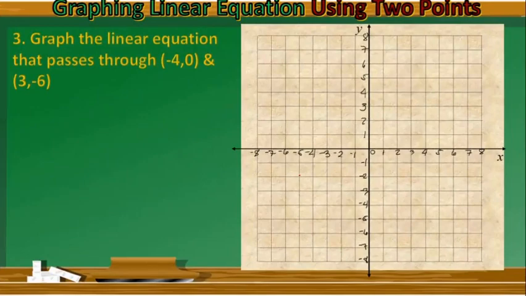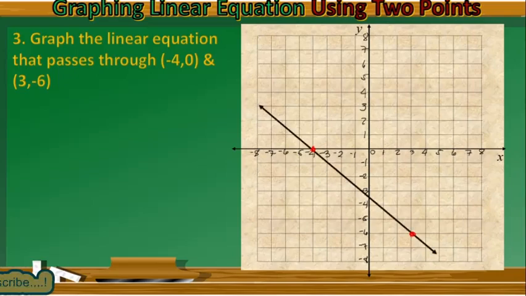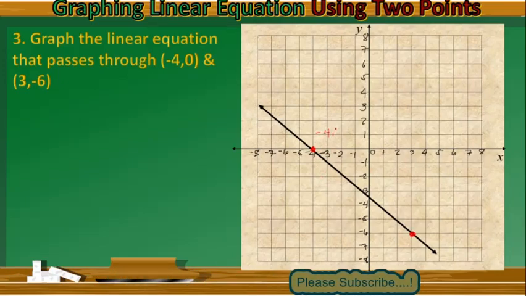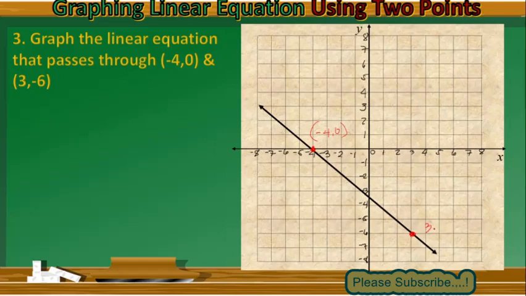Okay, for number 3, we have negative 4 and 0, then positive 3 and negative 6 here. To connect those, that is our graph for those points. So this is our negative 4 and 0 point coordinate, then this one our point coordinate 3 and negative 6. Okay, that's the graph for number 3.